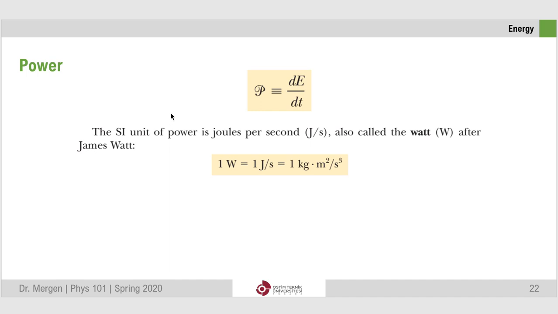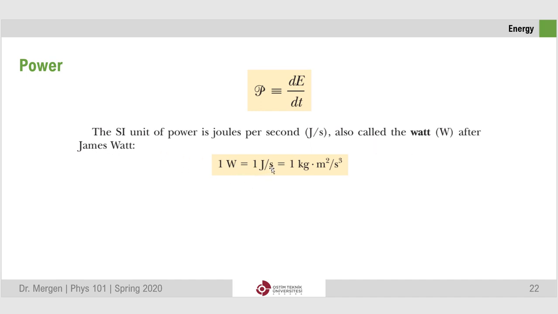Another very important term in engineering or in physics is power. Power is defined as the change in the energy with respect to time, or the time rate of change of energy of a system. It has a unit of joule per second, and since in the numerator we have joules and in the denominator we have seconds, dt, this joule over second has a special name called watt, which was named after James Watt.